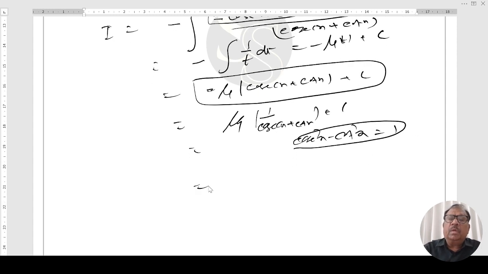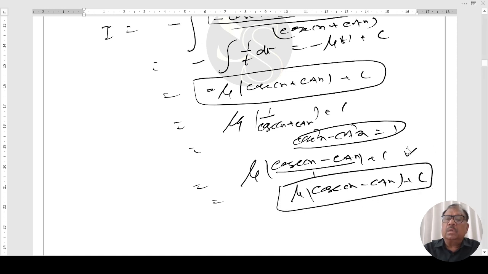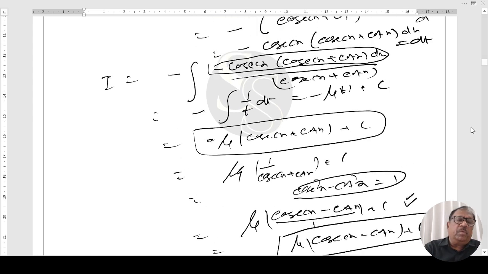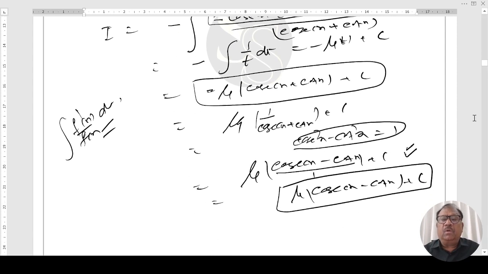The numerator will be cosec x minus cot x, the denominator becomes 1, so log of cosec x minus cot x plus c. This is another answer, right? We can use directly the formula f dash x upon fx dx. Constants are to be manipulated, multiplied, divided, or taken outside the integration.